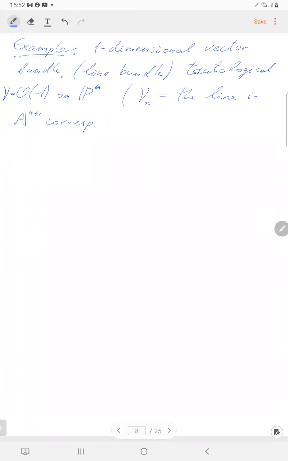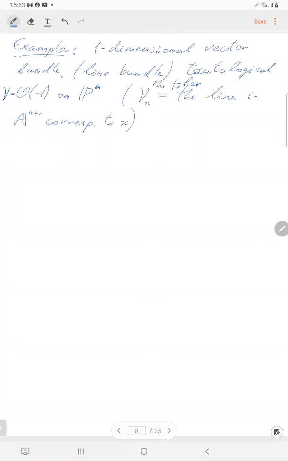Let me just write here the fiber, and let it be this way, because there is no other standard notation different from this. Unfortunately, there is some confusion in notation. So the fiber is the line in the ambient vector space corresponding to x.